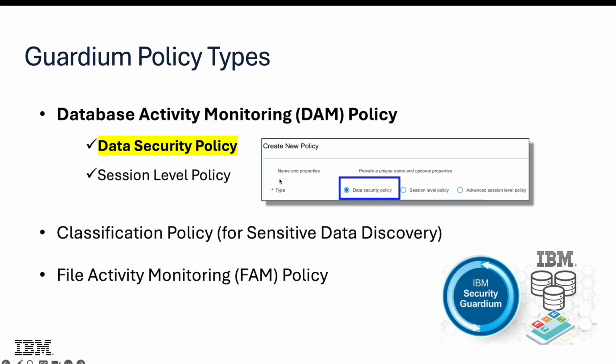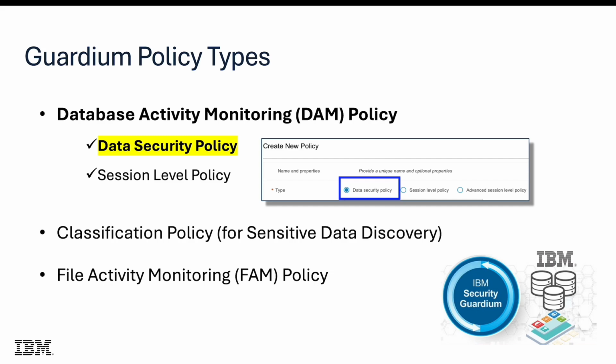The screenshot in the middle shows a new policy creation wizard, which displays the types of DAM policies. There are other policies too, like a classification policy, which supports sensitive data discovery. Then there is a File Activity Monitoring, also called FAM policy, for tracking file-related activities, but we don't discuss them today. That's a quick overview of the policy types.